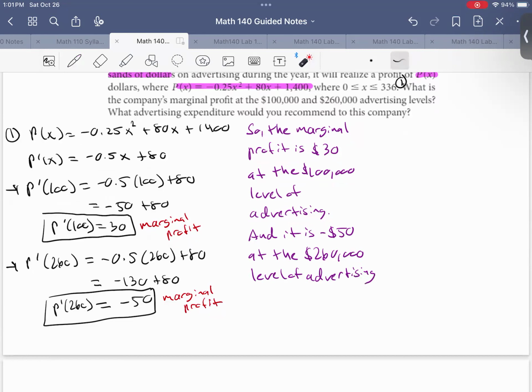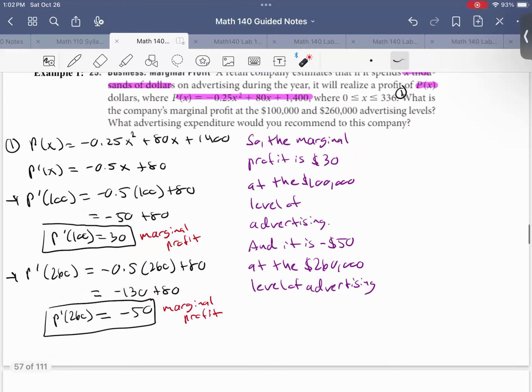So it seems that at $100,000 they're making a $30 profit, and at $260,000 it looks like they're losing $50 per. Okay, so that's part one.